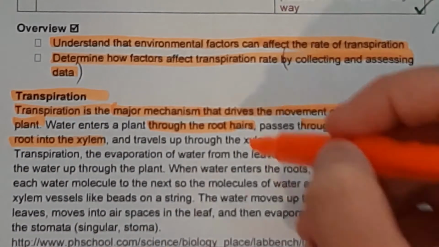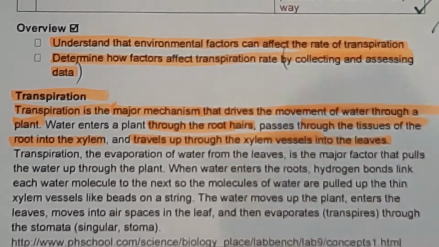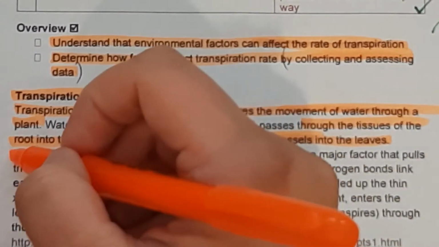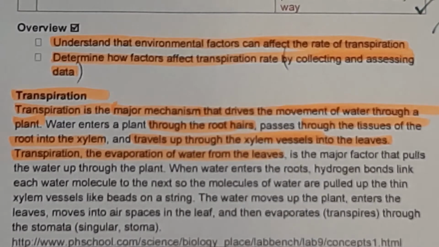It travels up through the xylem vessels into the leaves. Transpiration, the evaporation of water from the leaves, is a major factor that pulls water up through the plant. So the water is pulled up through the plant because of the evaporation of water from the leaves.